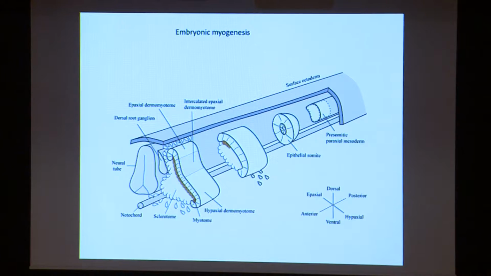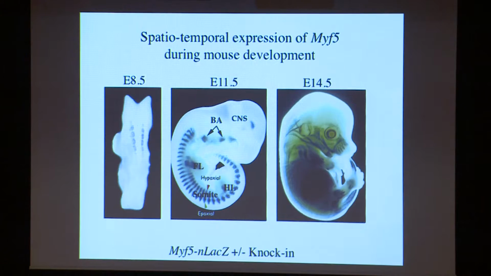I'm just going to give an example of this with the knock-in of the MRF5 gene, where the knock-in means that after genetic manipulation, part of the coding sequence has been deleted, and in its place was inserted a reporter gene, which is the beta-galactosidase encoding gene in this case. Therefore, expression of the reporter gene can be followed at all stages of expression of the endogenous gene MRF5. And one sees that there is very early expression at embryonic day 8.5. These are mice, of course.